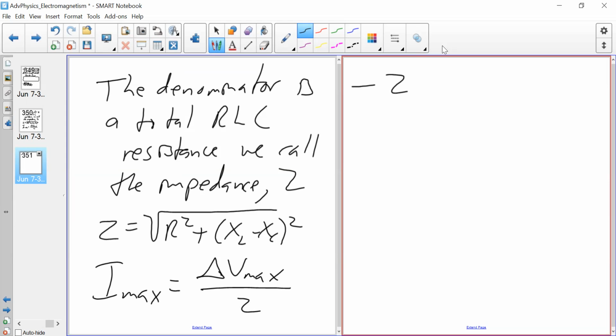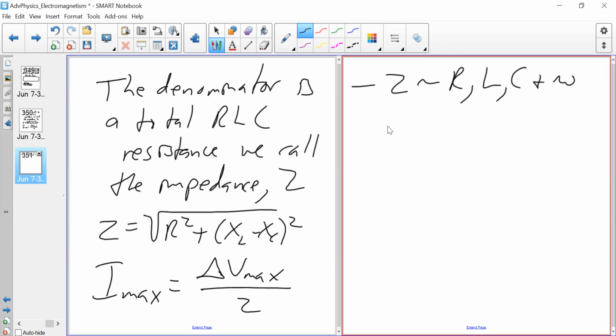So the impedance is proportional to R, L, C, and omega, all the different reactance frequencies. It's just a function of all these guys.